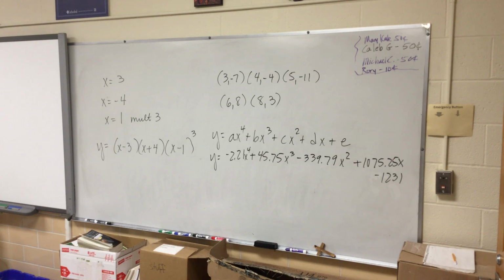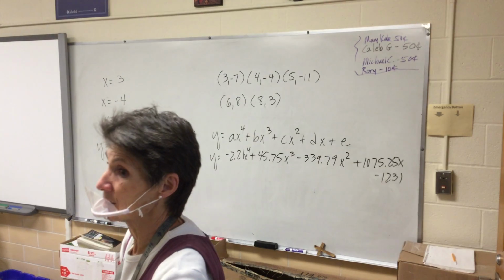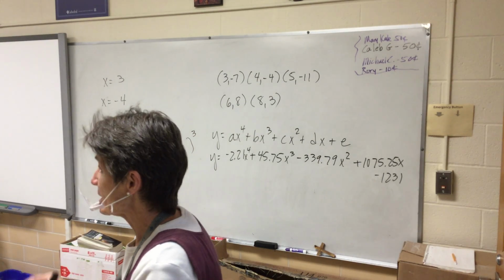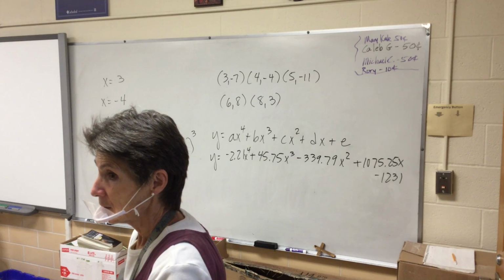If you're writing the equation of a line, you need 2 points. Lines are x to the first, you need 2 points. If you're doing an x squared, you need 3 points. If you're doing an x to the fourth, you need 5 points. You always need one more point than the degree that you're trying to find the equation for.